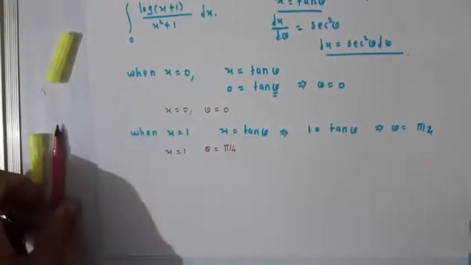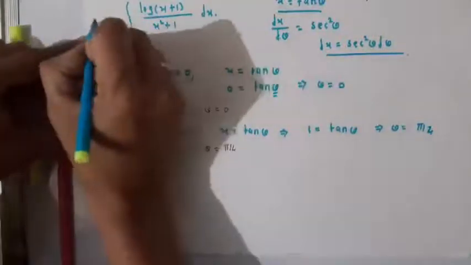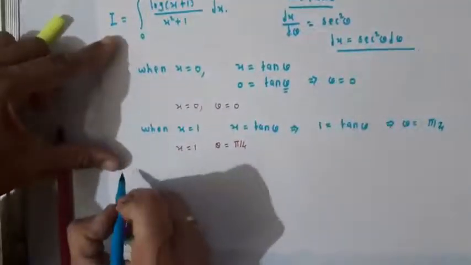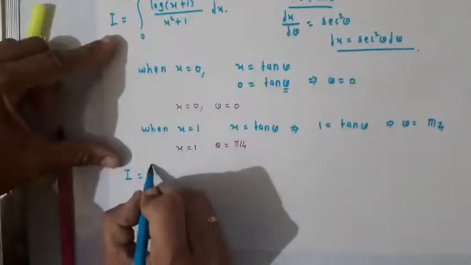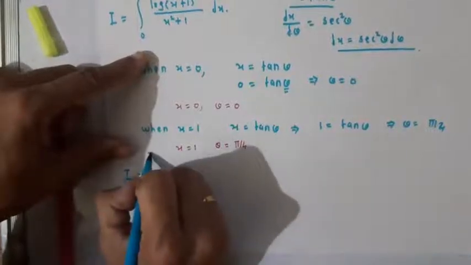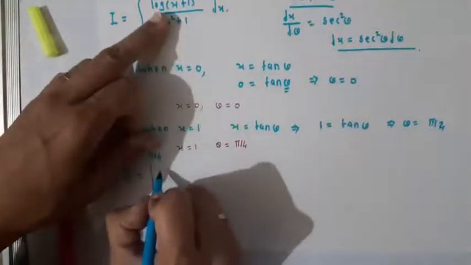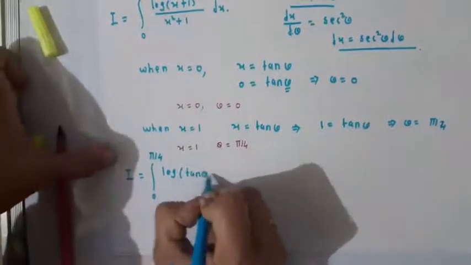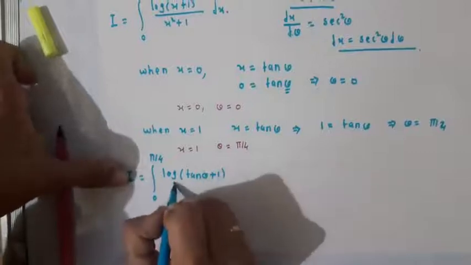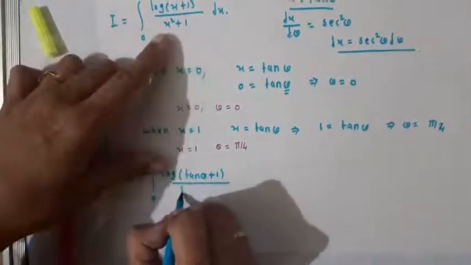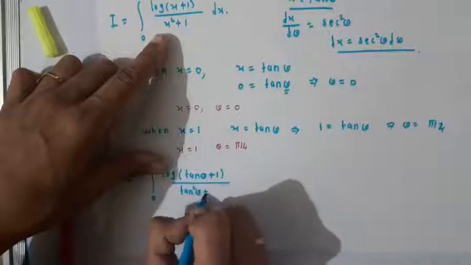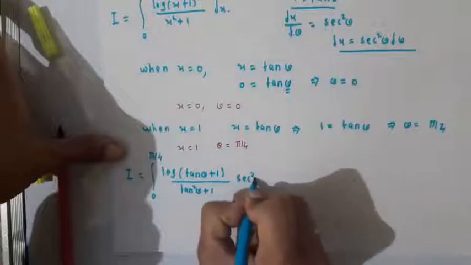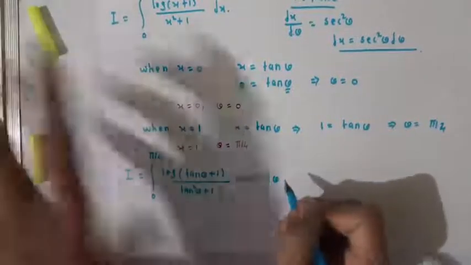So now our integration, suppose I, the new required integration I equals 0 to pi by 4 of log of (tan theta plus 1) upon (tan square theta plus 1), and the value of dx is sec square theta d theta.